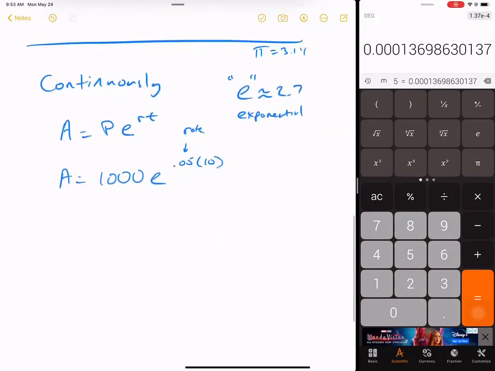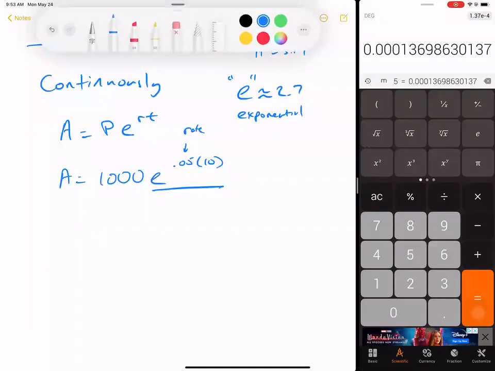Okay, here we go. So all you do on your calculator is, I'm going to do this first. Then I'm going to multiply this by 1,000. So on my calculator, you have to actually type this exponent part first.